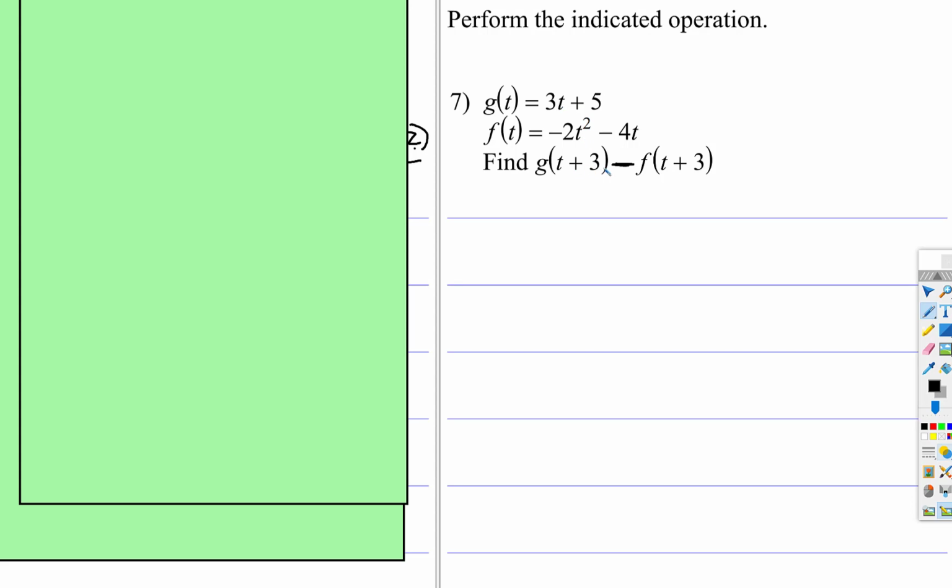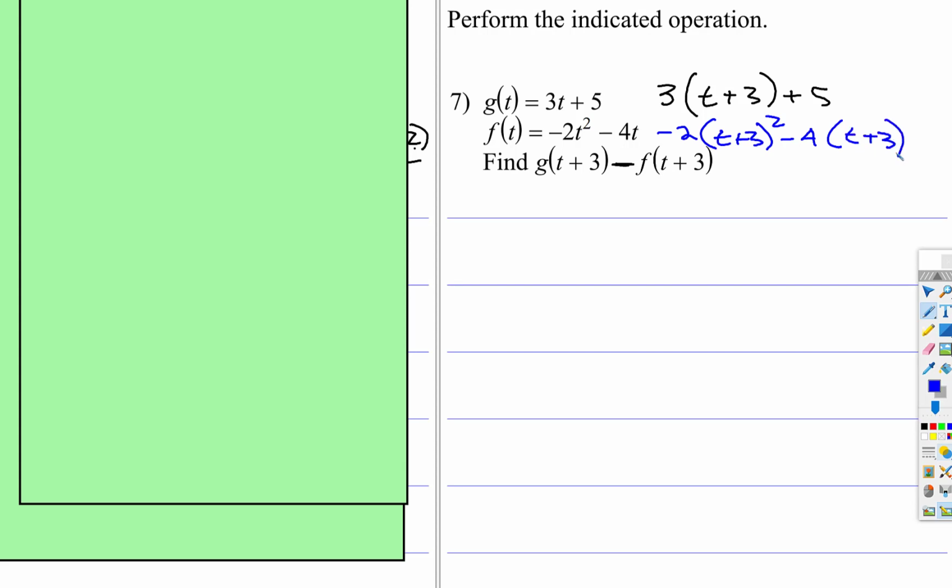So again, there's two ways. You could subtract the function first, or to begin with, where that t is, we could put t plus 3 plus 5, and then right there, t plus 3 squared, subtract 4 times t, which is t plus 3.